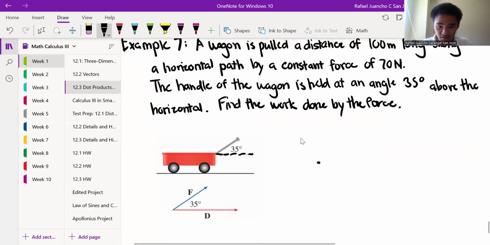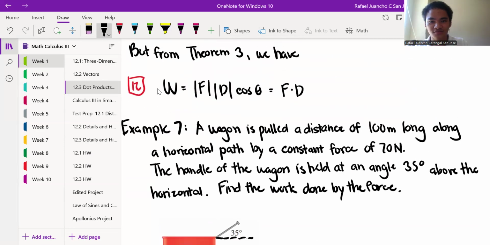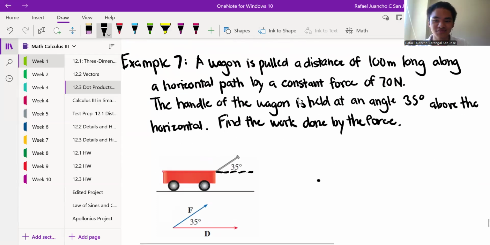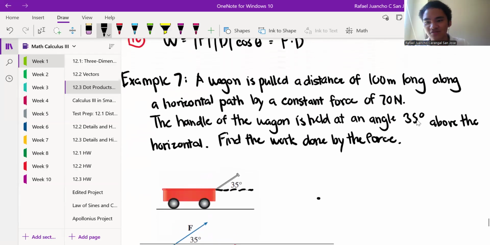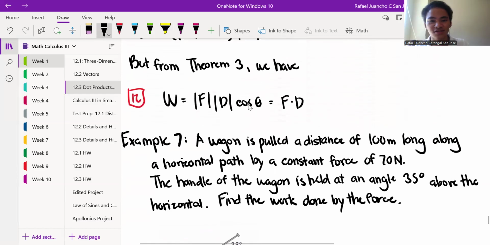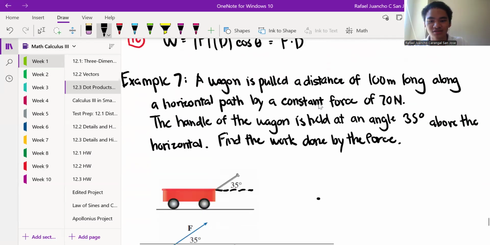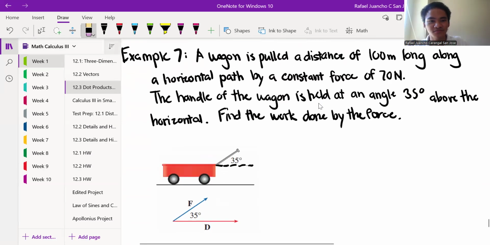Okay. So, what's the first thing we want to do? Well, if we want to calculate the work, we already have a formula for that. If you want to find the work done, we just have to find the dot product of F times D. But since here we're given the information about the angle, then we might consider using this formula right here. So we want to make use of that formula.